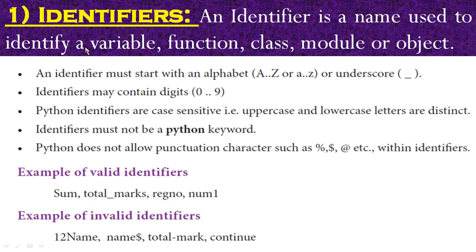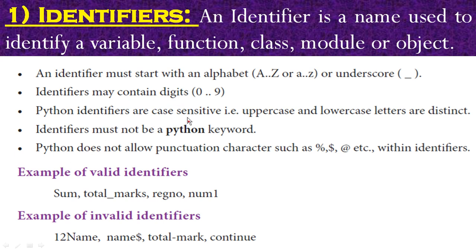First one, we are going to study about the identifiers, which is the first token. An identifier is the name used to identify a variable, function, class, module or object. What are the rules to form an identifier? An identifier must start with an alphabet, capital A to Z or small a to z, or underscore. Identifiers may contain digits 0 to 9.